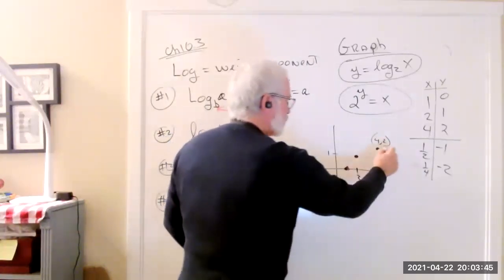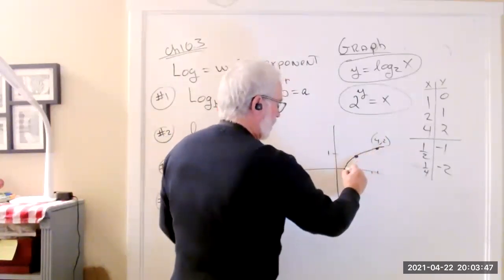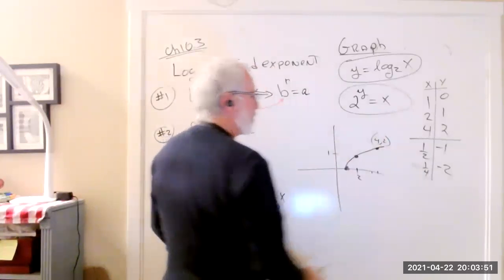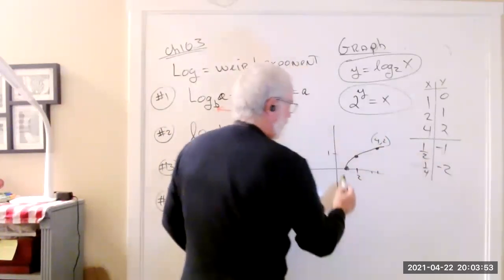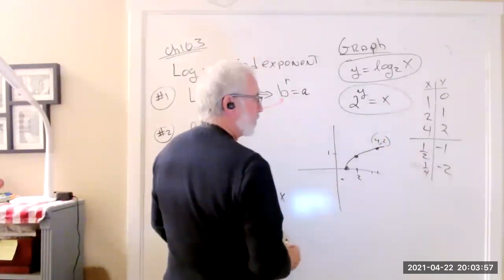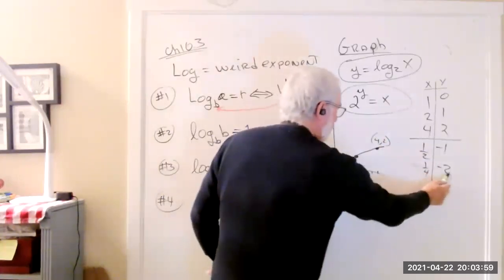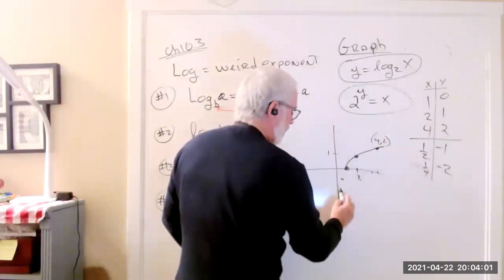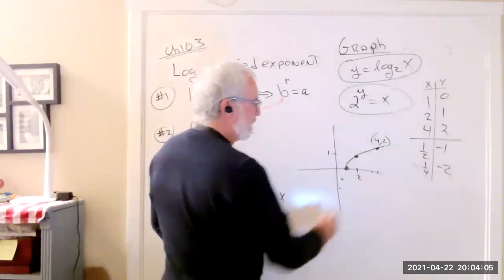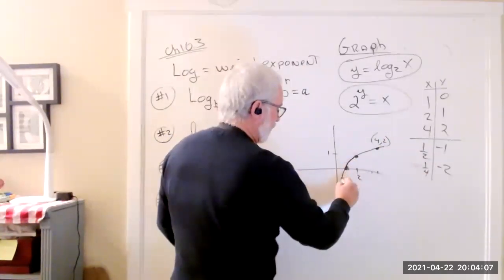Look at the shape of this already. Looks like that. 1/2 comma -1, right about there. 1/4 comma -2, right about there. So look at the shape of the graph.